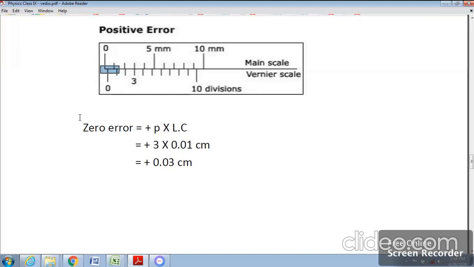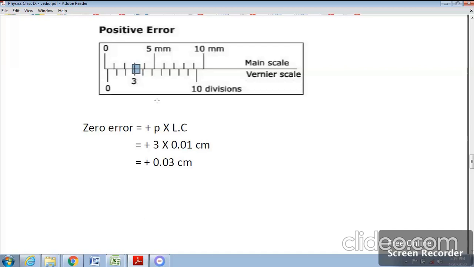To calculate it, we have a formula: positive zero error is equal to P into least count. P is the coinciding division. That means one division of the main scale and one division of the vernier scale coincide and make a straight line. That is called coinciding division. In this example, you can see number 3 making a straight line with the main scale and the vernier scale.